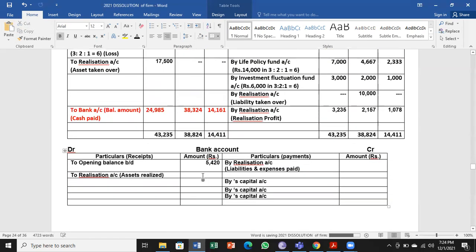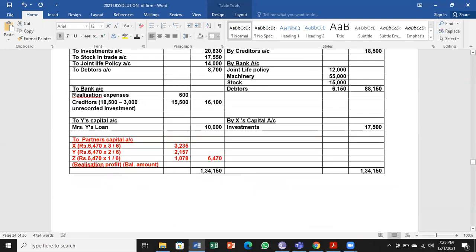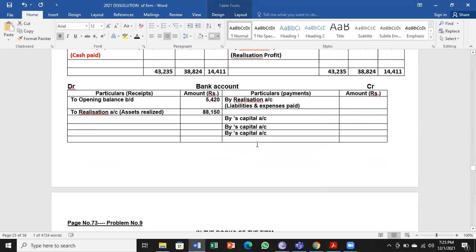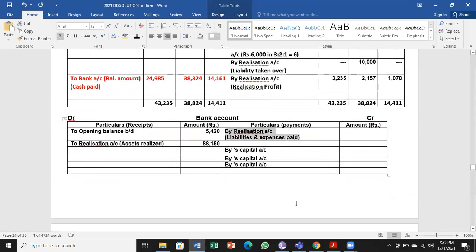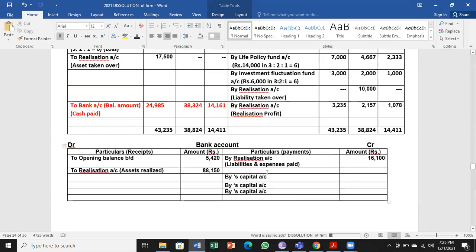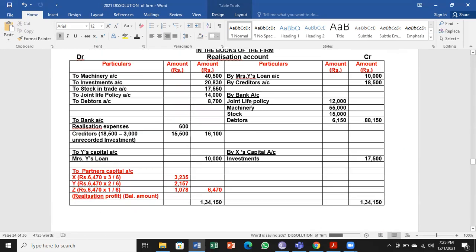I will take it to the debit side, to realization account, assets realized. Then we have two bank account, that is payments 16,100. So it comes on the credit side, by realization account, 16,100. So we had two entries of bank, one on the credit side, one on the debit side.